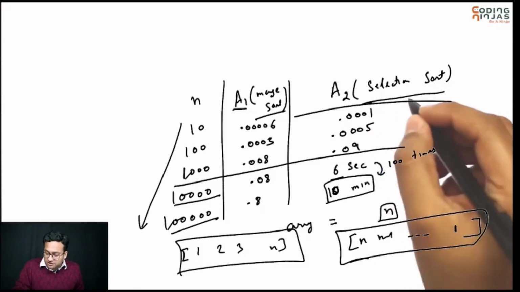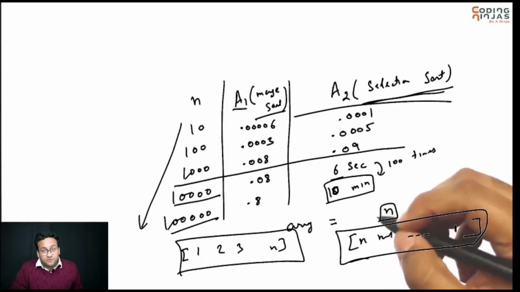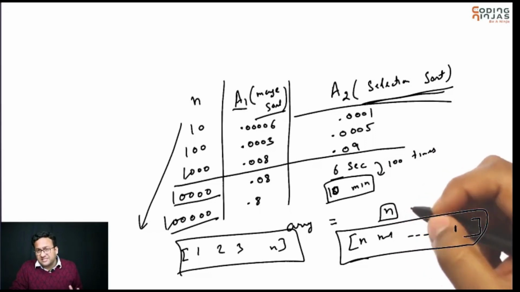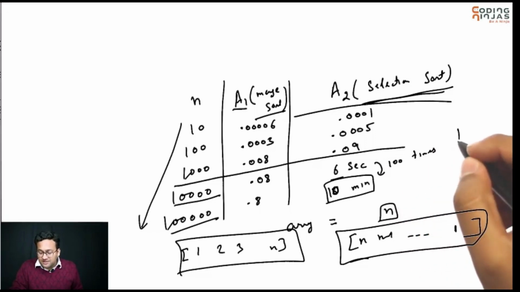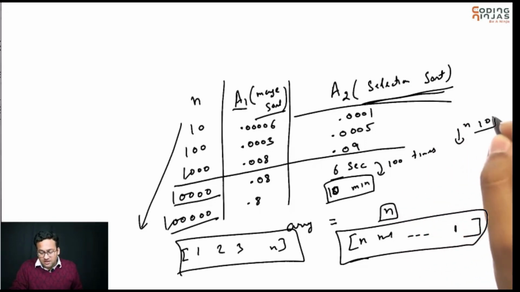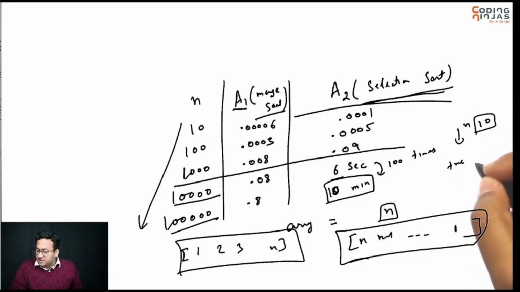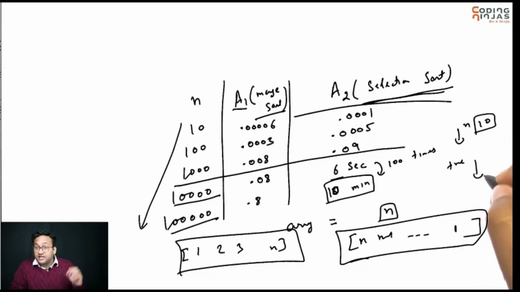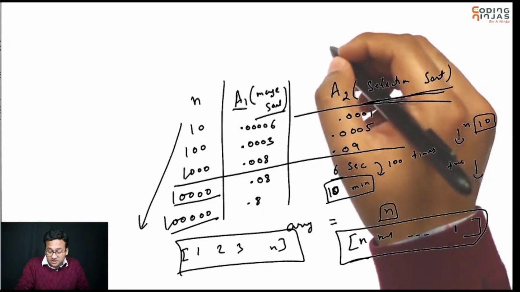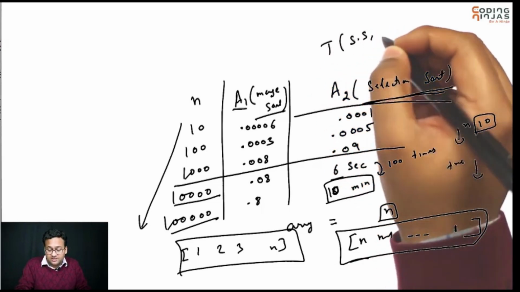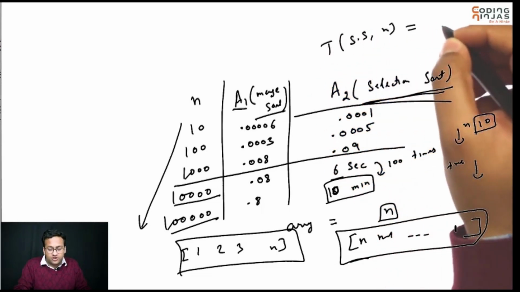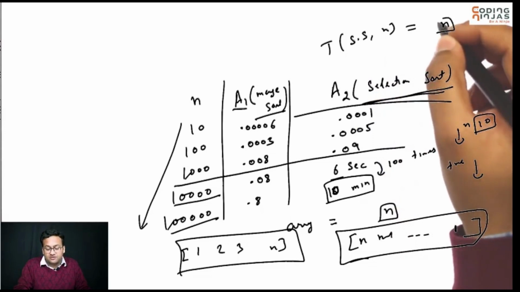And in case of selection sort, if you keep doing this for larger numbers, you will see that if I increase n by 10, my time taken does not increase by 10, it increases at a much higher rate. So seems like this function that we were looking for in case of selection sort is not going to be linearly dependent upon n, right?